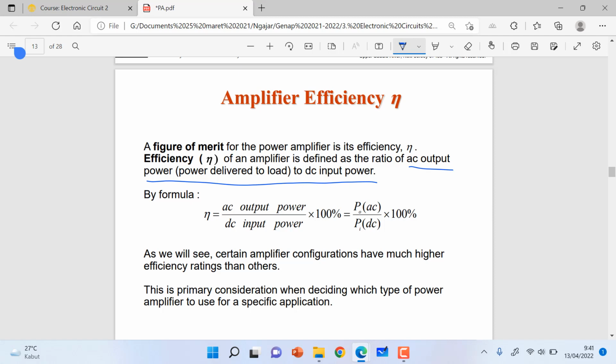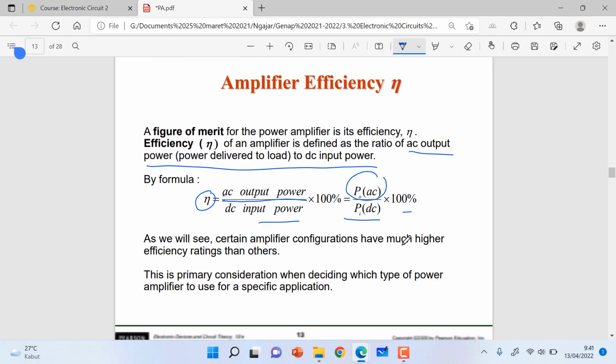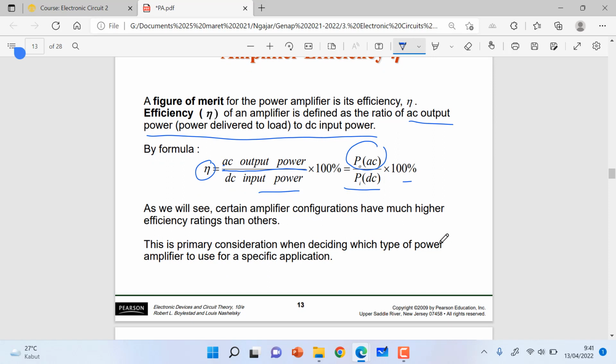So the efficiency is the AC output power over the DC input power multiplied by 100%. AC output power is PO(AC), and DC input power is PI(DC), multiplied by 100%. We can see that a certain amplifier configuration has a much higher efficiency rating than the others.